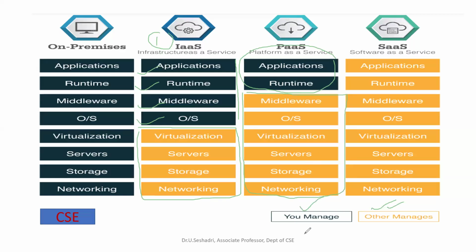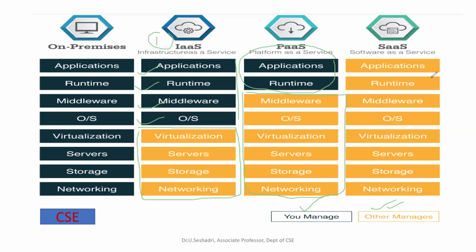The example is Elastic Beanstalk in AWS. Only your part is to choose the platform, write the code, test it, and deploy the application. That is Elastic Beanstalk in AWS. Similarly, Salesforce also comes under platform as a service.